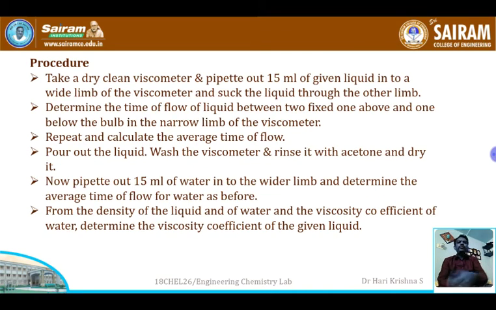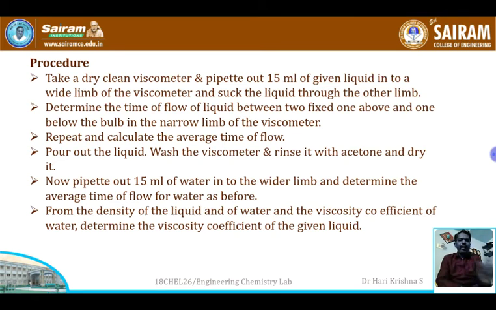We take a dry, clean viscometer and pipette out either 10 ml, 15 ml, 20 ml or 25 ml of the given organic liquid into the viscometer using the wider limb. Here we use a graduated pipette, and depending upon the viscometer capacity, you pipette out the liquid.